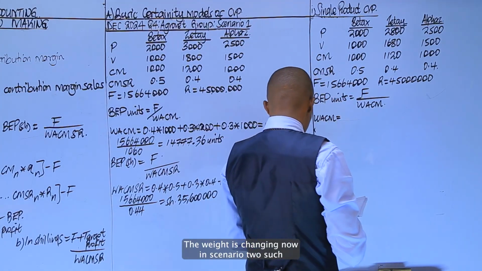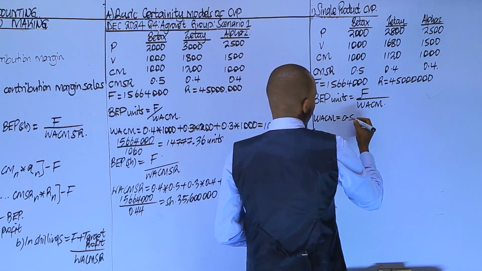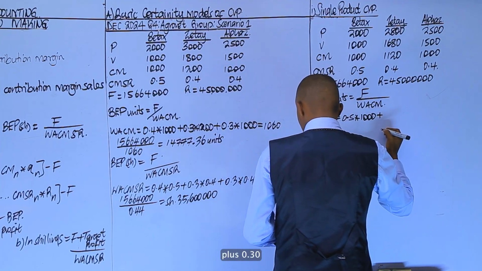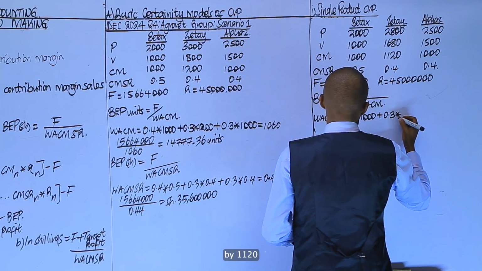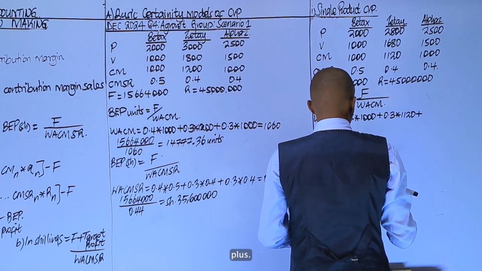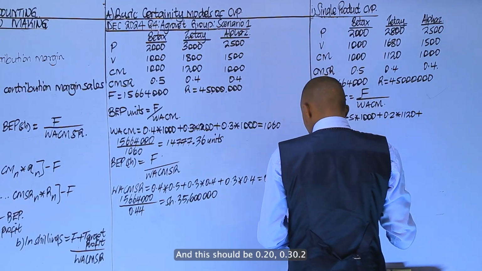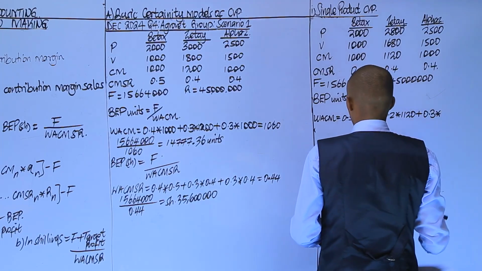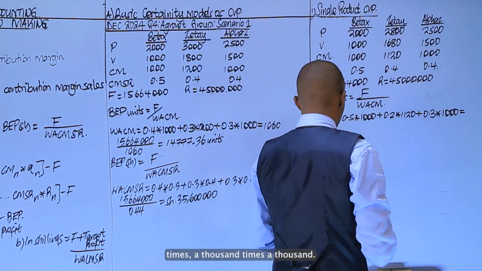The weight is changing now in scenario 2 such that the sales mix is 0.5 by 1,000 plus 0.2 by 1120 plus 0.3 by 1,000.